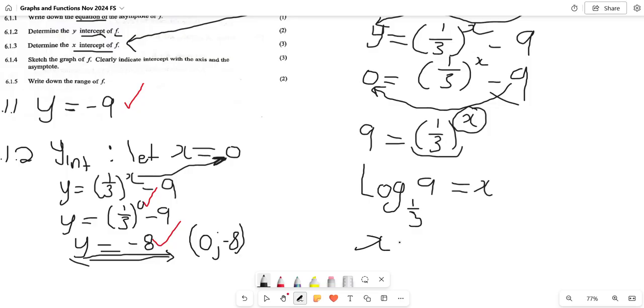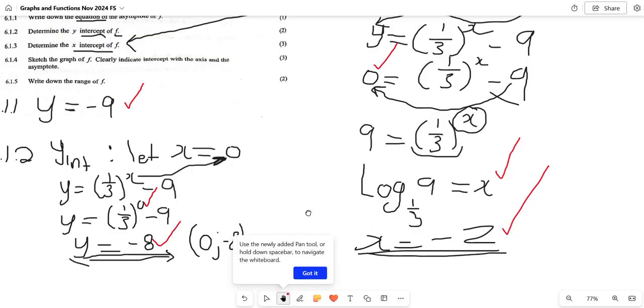So x is equal to -2. That is our x-intercept. Then how do we allocate the marks? 1 mark for y equals 0, 1 mark for logarithm, and 1 mark for the x-intercept, not the x-intercepts, but the x-intercept. That is that.